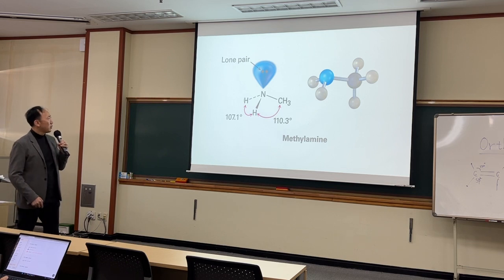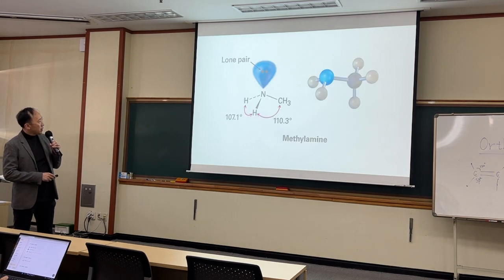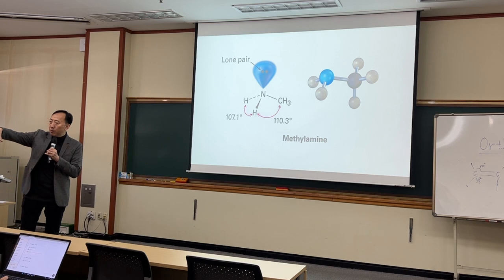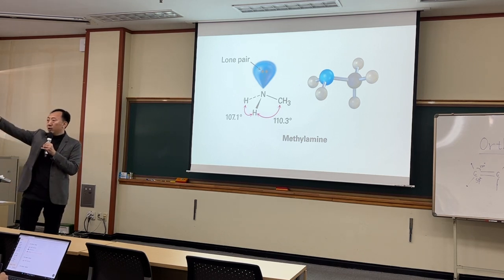Okay, comparing to the previous structure, this has a little bigger angle because this becomes a little more planar like this. Because this methyl pushed up, this guy also pushed up this guy too, with its volume here. So originally it was like this, that's why a little smaller angle, but now because of the bulky group, it becomes a little more planar.